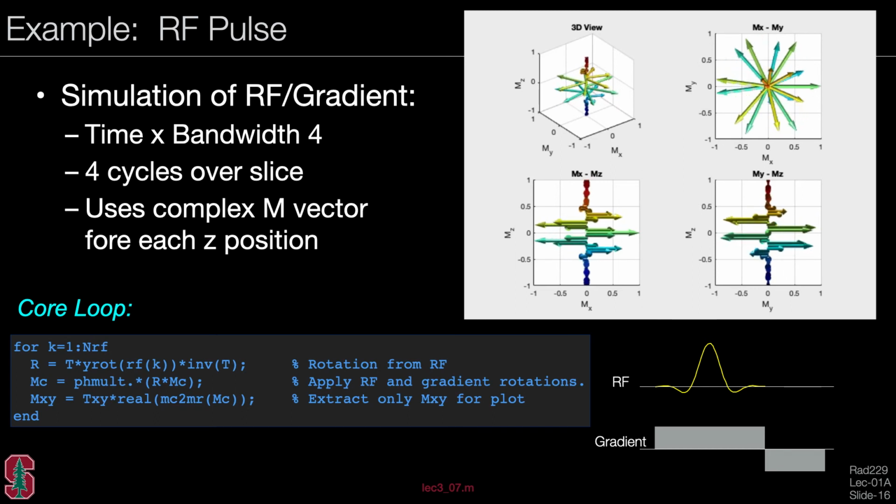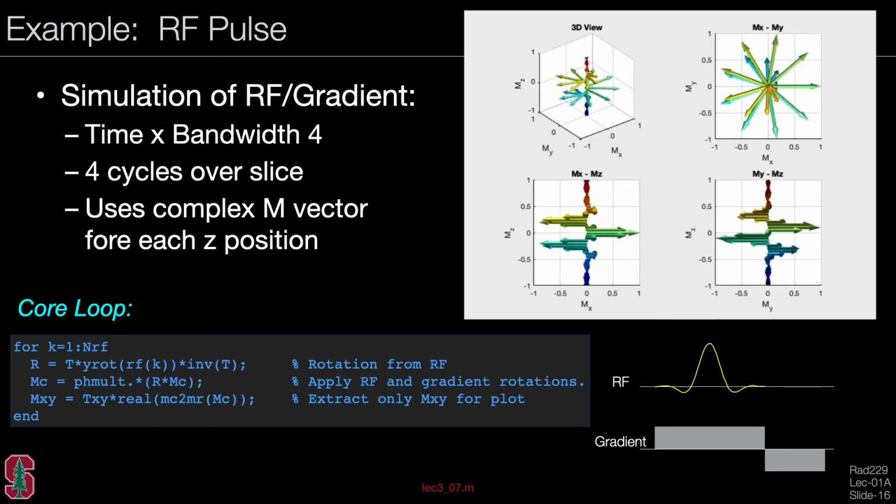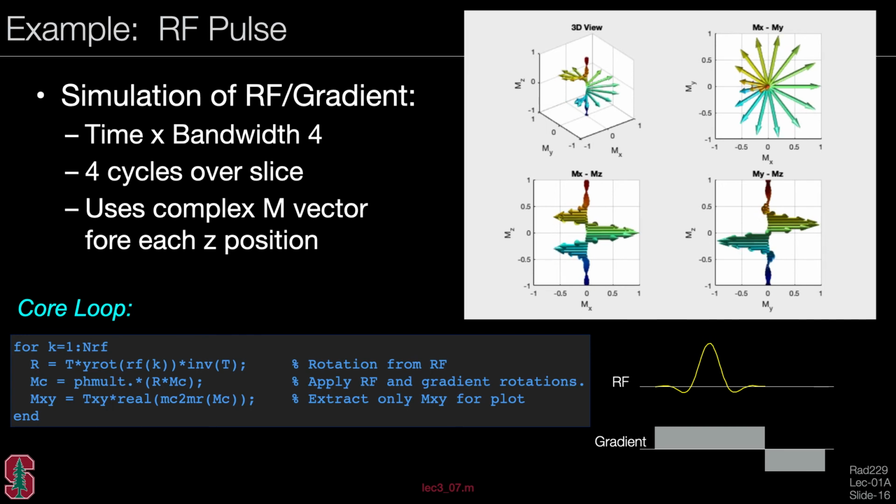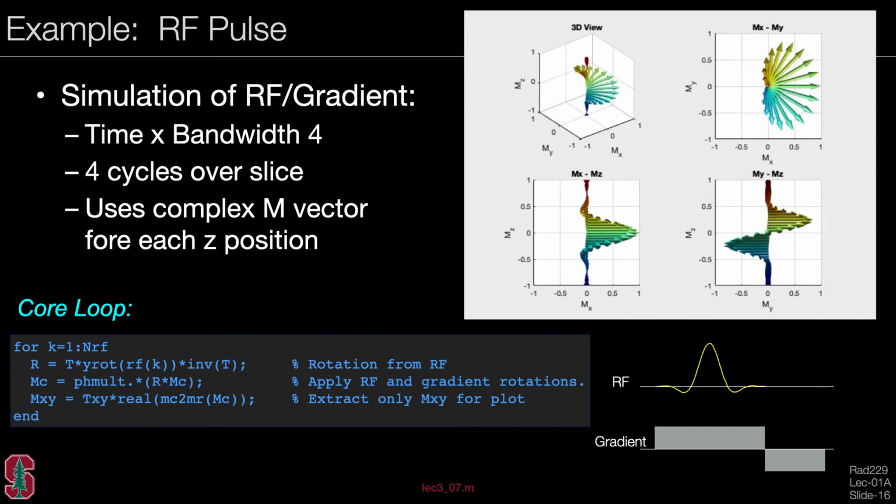And as we get near the end of the pulse, we start to rephase with that rephaser gradient, which will actually bring all this magnetization nicely together to be relatively in phase, or refocused. Okay. So that simulation has been done relatively easily, again, using matrix operations.